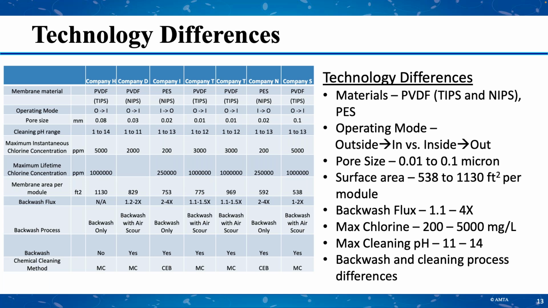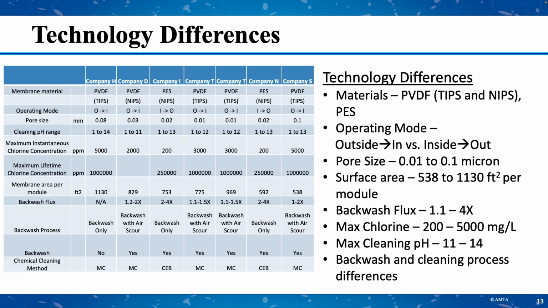We had a lot more on the previous screen, but you can see that we've got different materials. Within those materials, you have different types of manufacturing methods. I already noted that there's different operating modes. There's also pore size range from 0.01 micron to 0.1 micron. I apologize. There's an error on the table there. That should be micron, not millimeter.